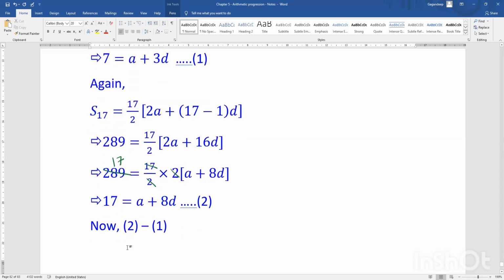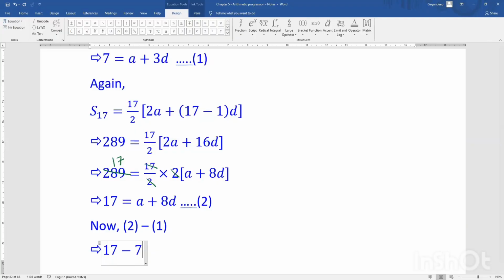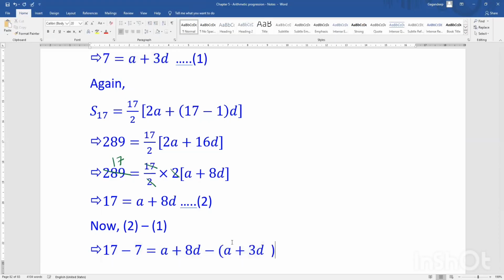Now here I get it as 17 minus 7 on the LHS, and on the RHS you have a plus 8d, let us take that, minus a plus 3d. When you do subtraction, make sure that you put it inside the bracket. Always, binomial subtraction, make sure to put it inside the bracket.